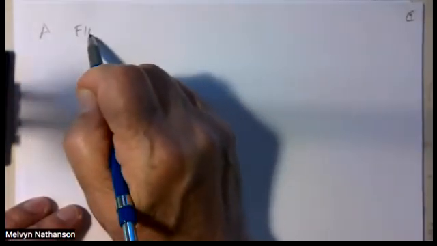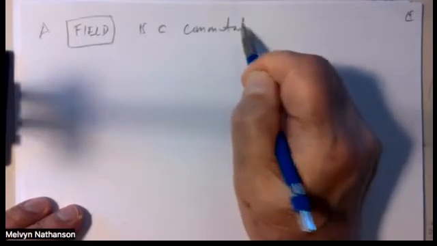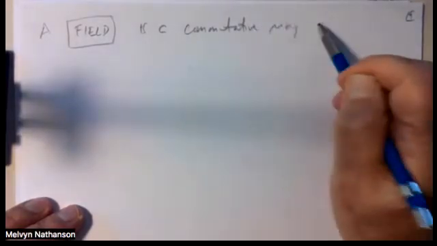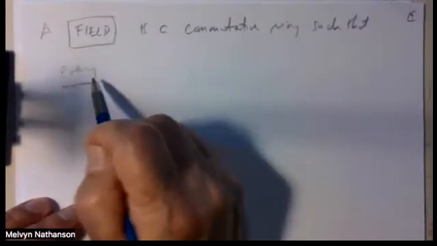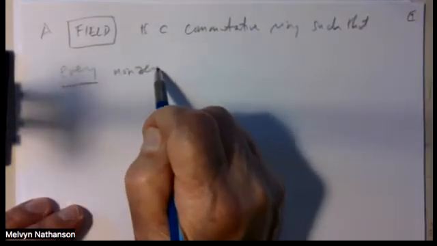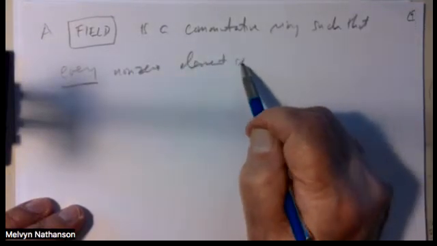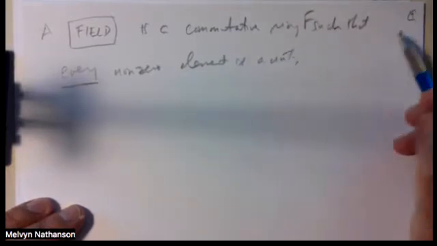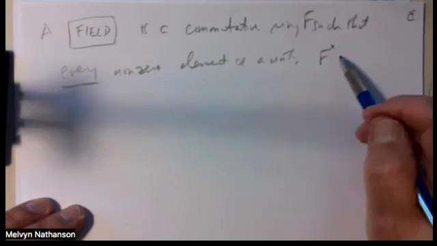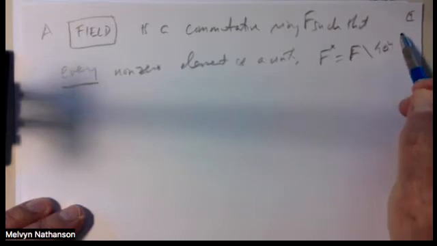So a field is a commutative ring such that every non-zero element is a unit. We call the ring F, that is, the group of units is F with only the number 0 removed.